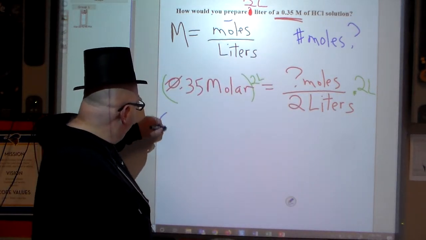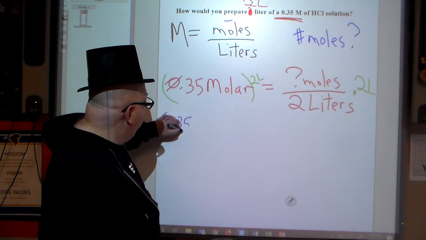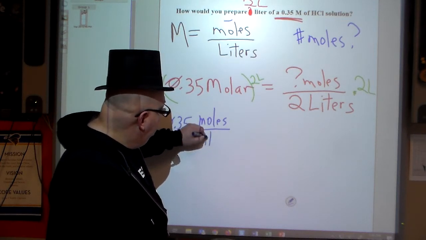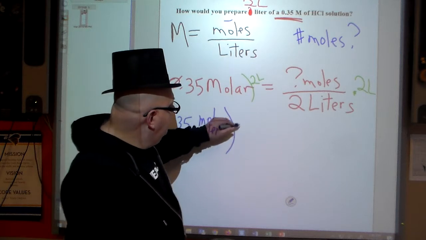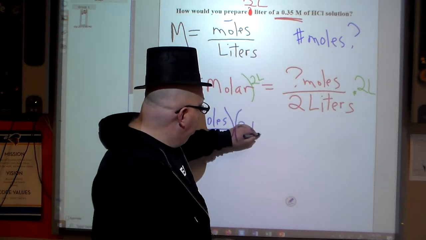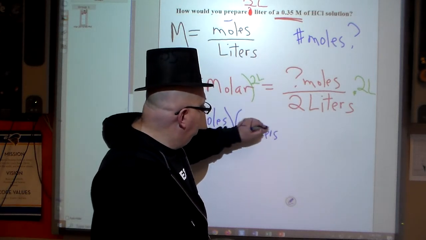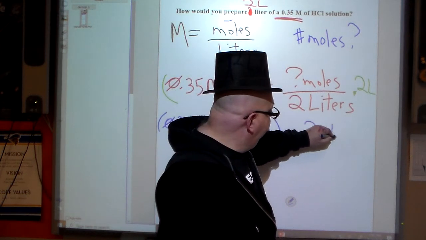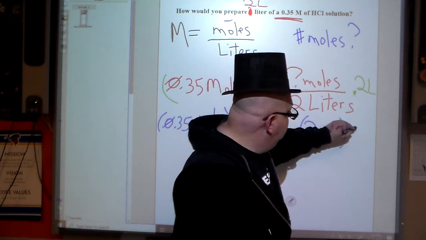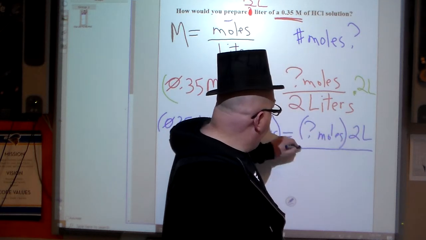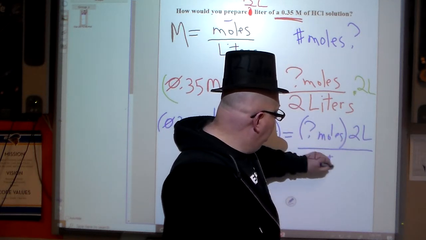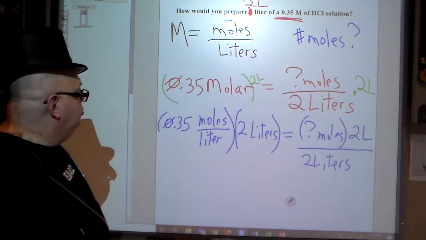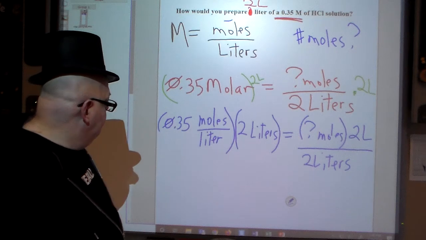Well, I'm going to have 0.35 moles per liter multiplied by 2 liters is equal to however many moles times 2 liters over 2 liters.